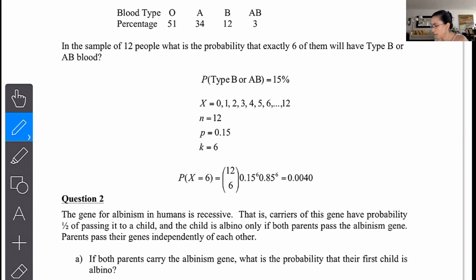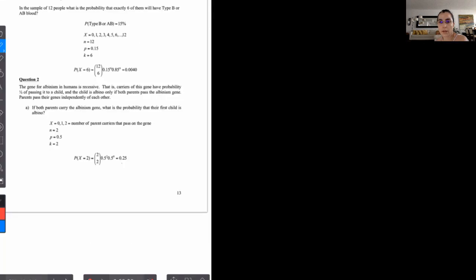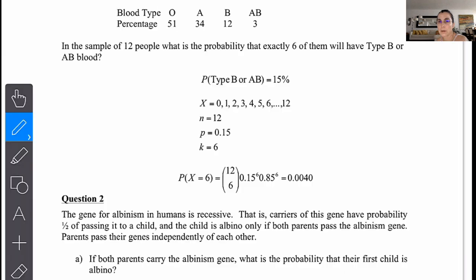So if we set this up, we have to identify the x, the n, the p, and the special k. Okay, so that's not showing. So what's the x? Let me make this a little bigger.